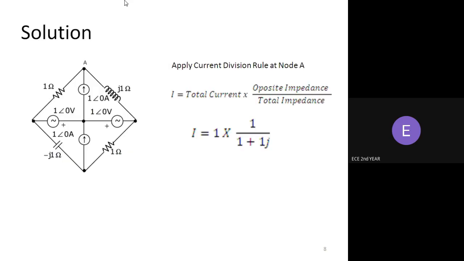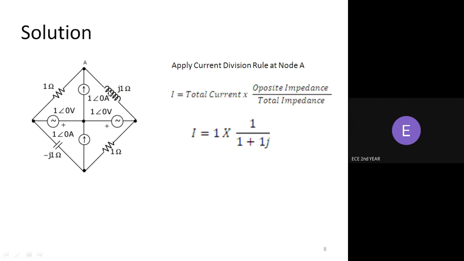The solution is: we need to apply the current division rule at node A, so that we can calculate the current flowing through the inductance.